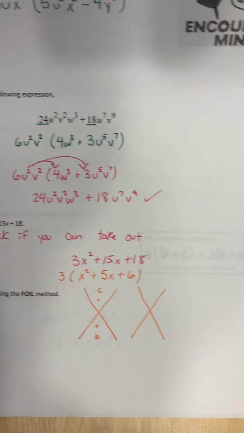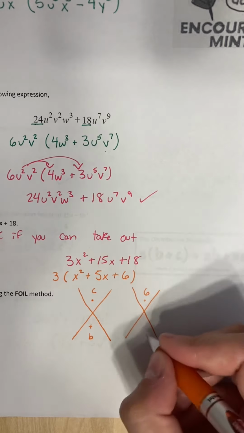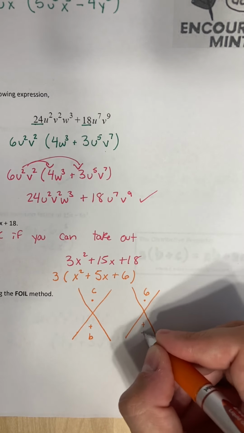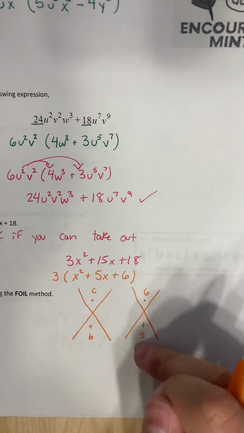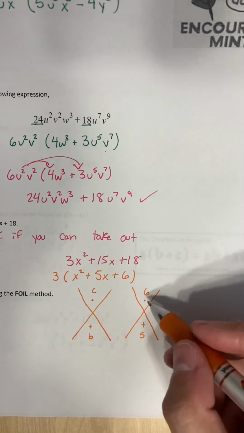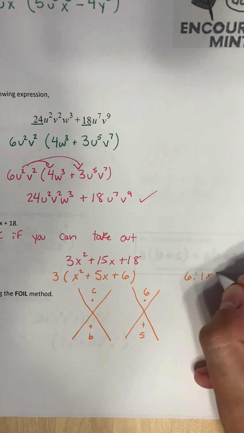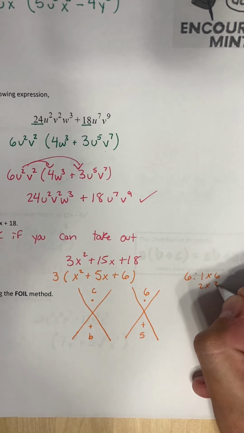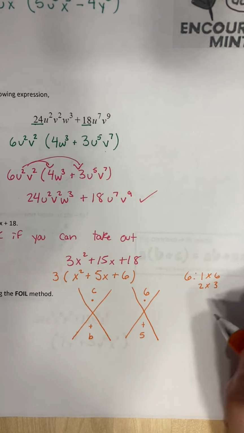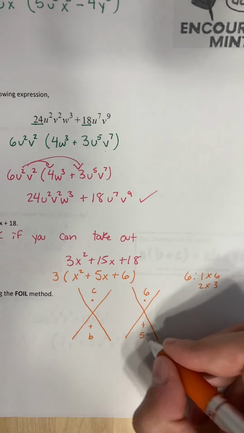So we get 6 up top. We multiply, and we get 5 on the bottom. We want to add to get to 5. So what are numbers that multiply to get 6? Well, we've got 1 times 6, 2 times 3, and there you go. If you add 2 and 3 together, you're going to get 5.